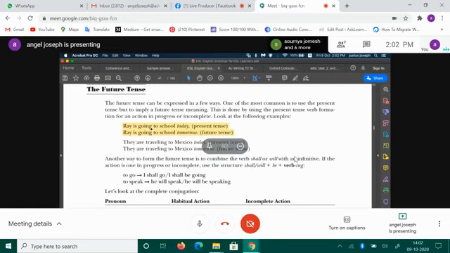Now in reports sometimes they would give you some data which is a forecast for the next 50 years. Let's say you have the population growth chart for the last 50 years and the next 50 years. In that case, of course, when you're talking about a forecast, about the future, you might have to use the future tense.